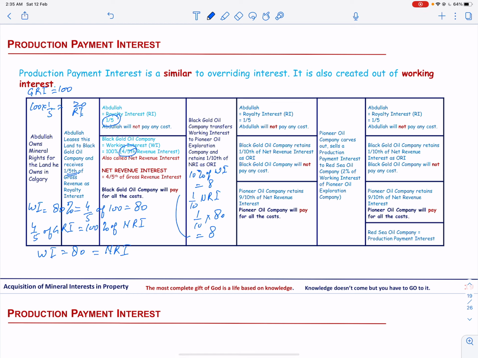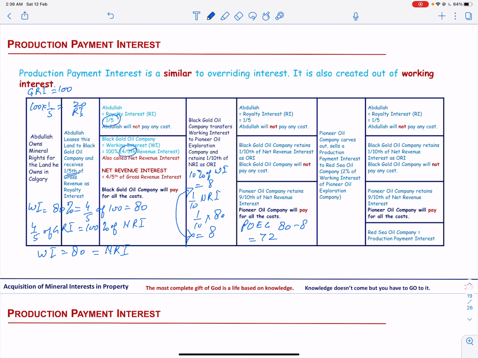It is just to make you understand the concept. Pioneer Oil Exploration Company now will be having how much? 80 minus 8, that is equal to 72.